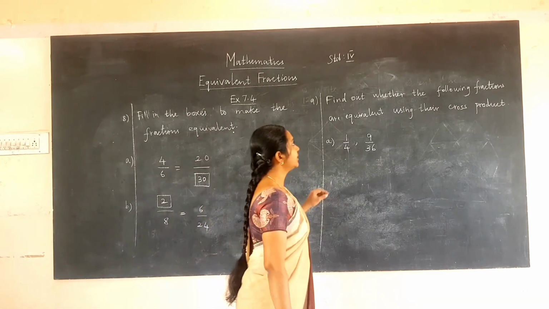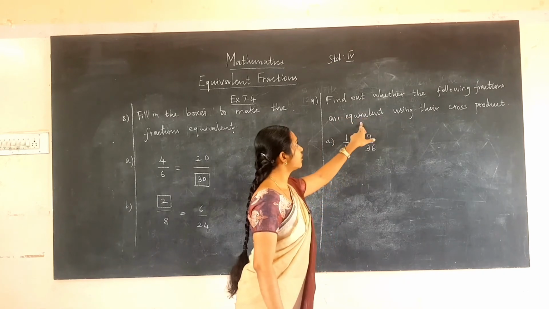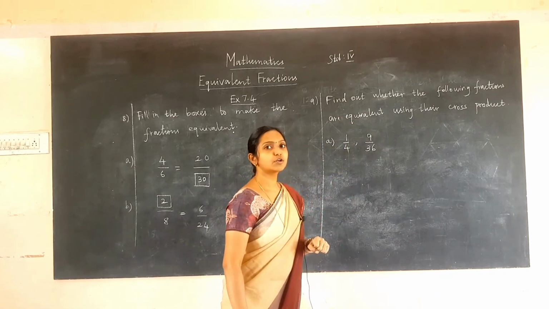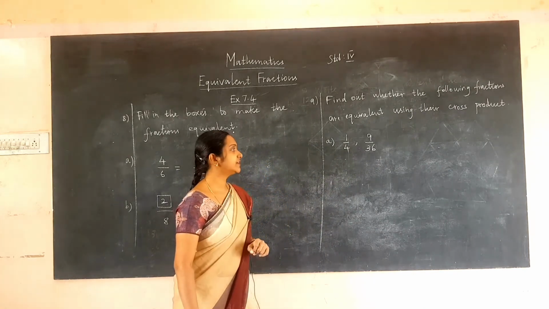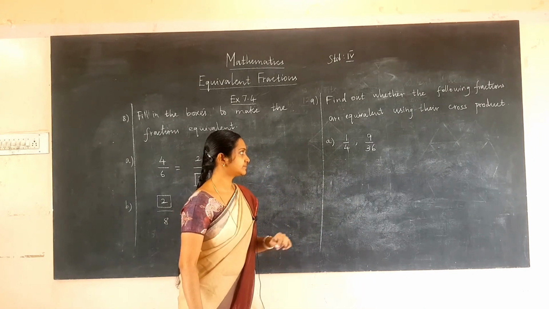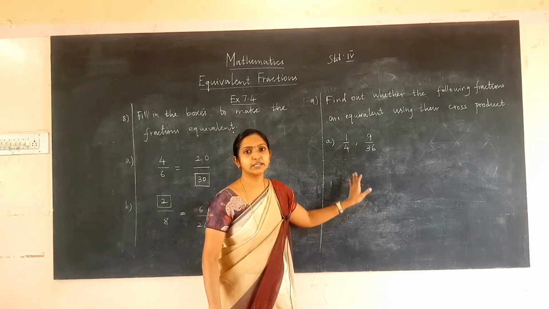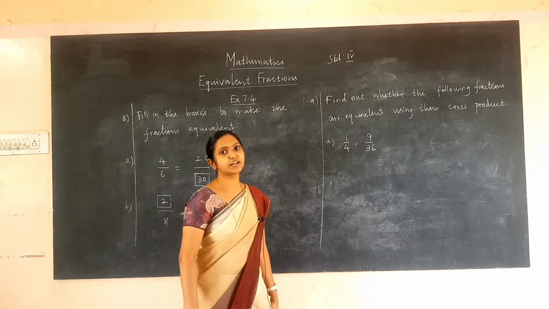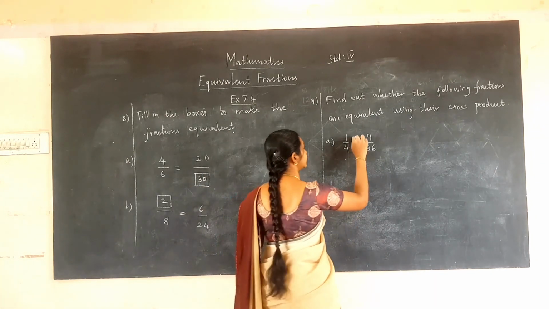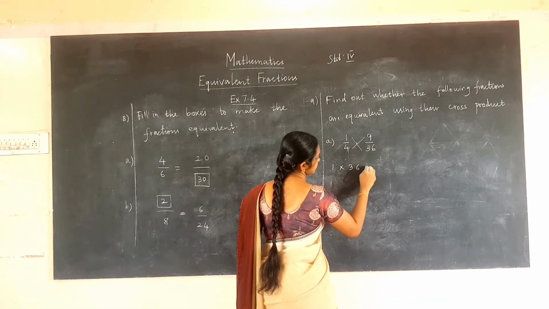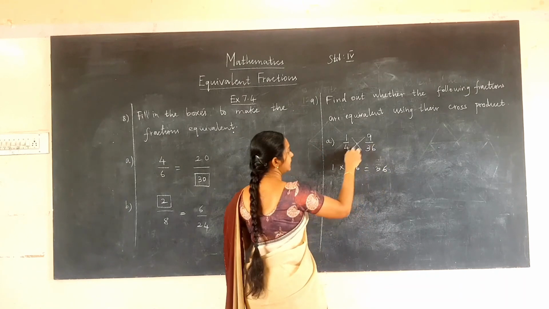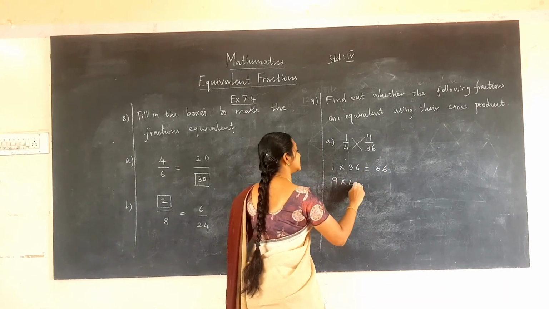Next, find out whether the following fractions are equivalent using their cross product. We have to find the cross product and find whether they are equivalent fractions or not. If the cross products are equal, then it is an equivalent fraction. Let us find the cross product. 1 into 36 is 36 and 9 into 4 is also 36.